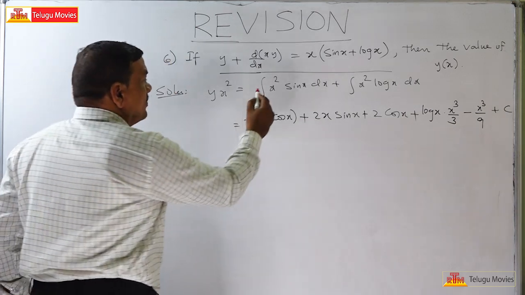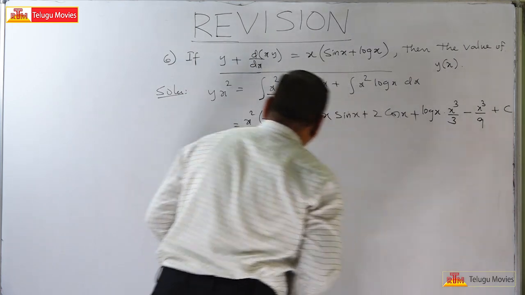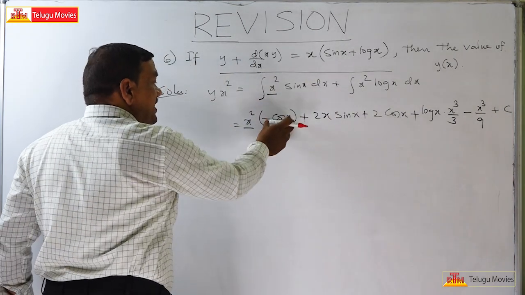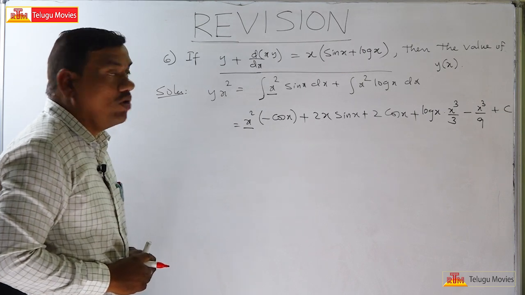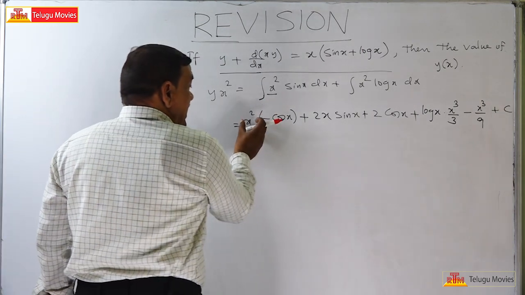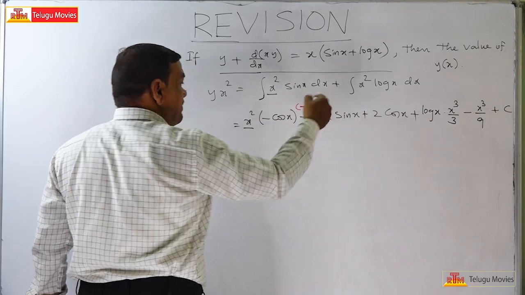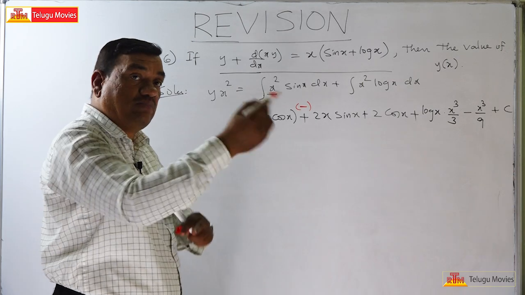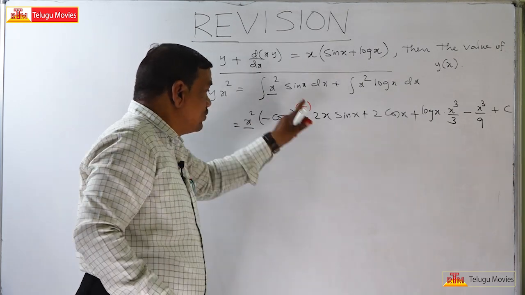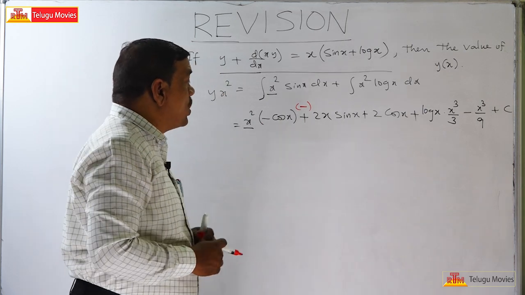First term x square, as it is x square. Integral of sin x is how much? Minus cos x. Then x square derivative 2x. Actually, here minus should come; plus minus plus minus, so plus minus will come. X square derivative 2x, integral of minus cos x.